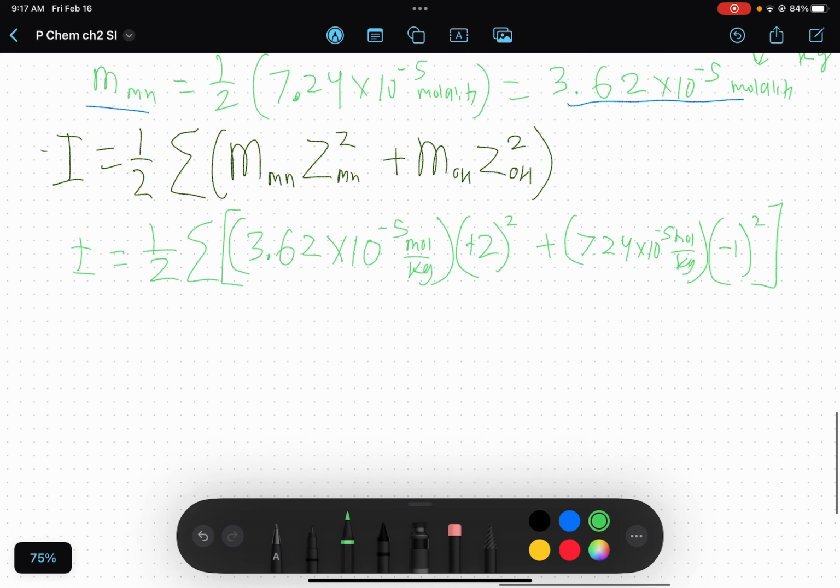And then this one's pretty easy. You don't really need to rearrange. You just plug them in as is. So we'll do 1/2 times 3.62 times 10 to the -5 times 4, plus 7.24 times 10 to the -5.